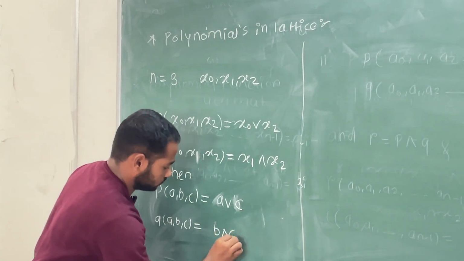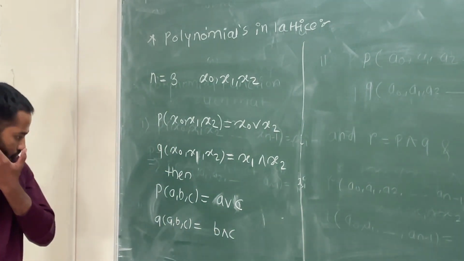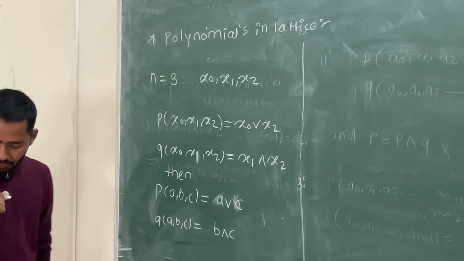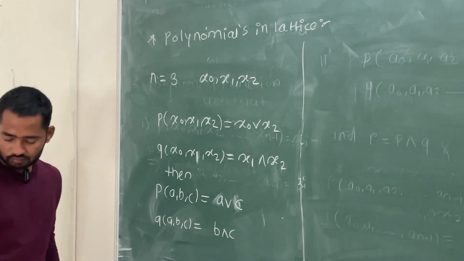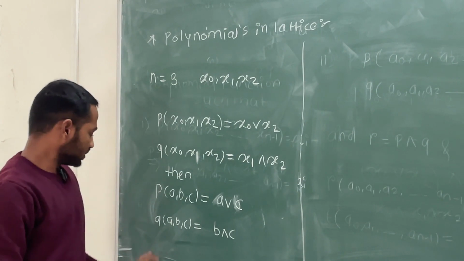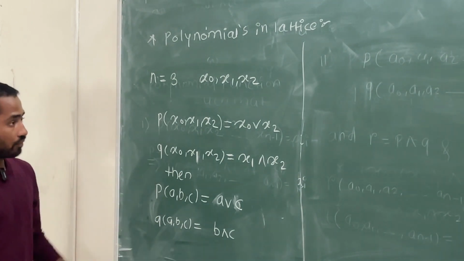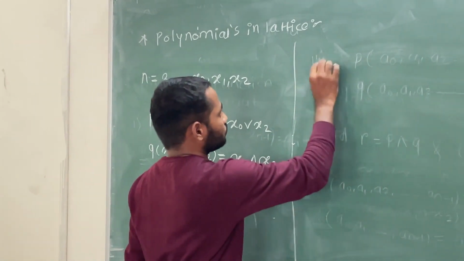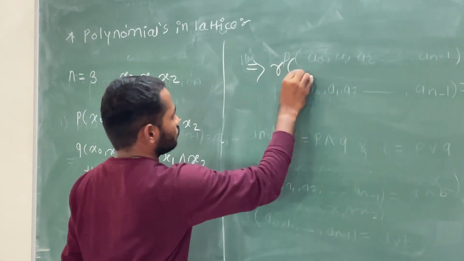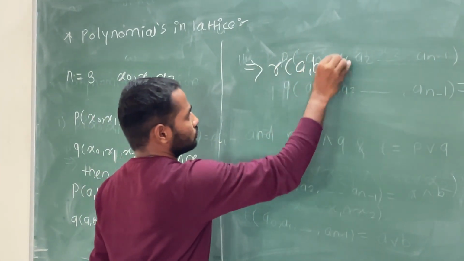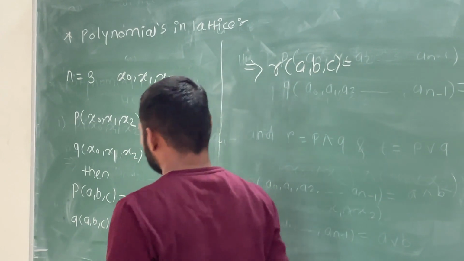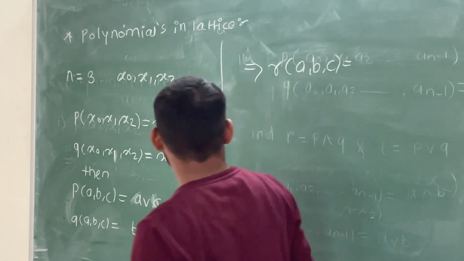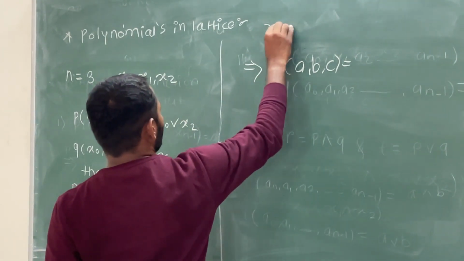What is B meet C? R of ABC. Suppose you define what is R. You write in the above step R is equal to P meet Q. What are you calculating?